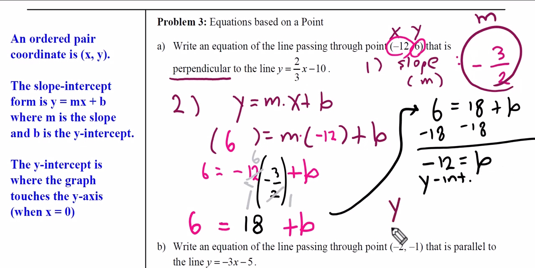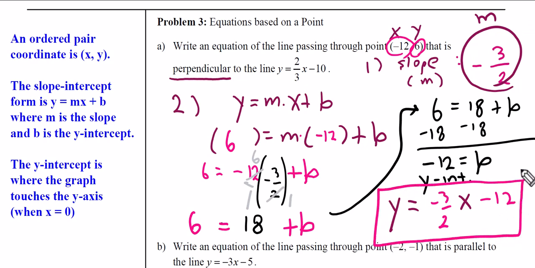So recall that the formula was y is equal to mx plus b. But we said that the slope is going to be negative 3 over 2. And we said that the b value is going to be negative 12. So this is the formula of an equation that goes through this point that is perpendicular to this line.